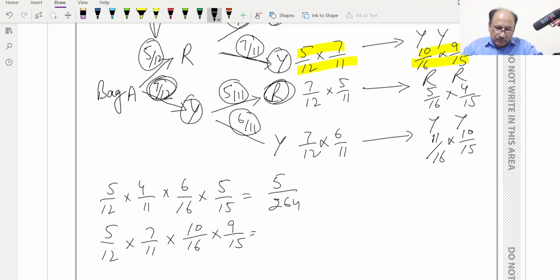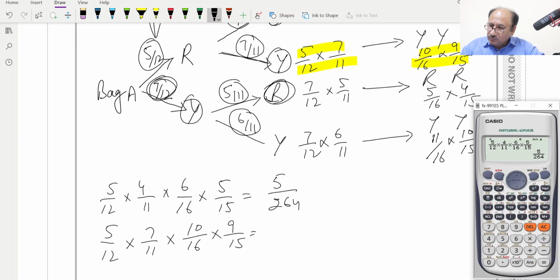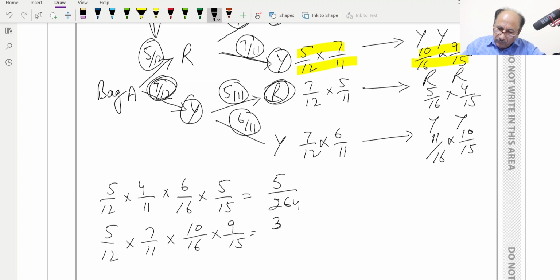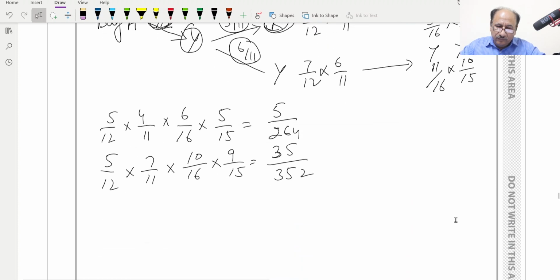And this one, if we multiply this with the help of calculator, this will be 5 over 12 and multiplication 7 over 11, and further this will be multiplied by 10 over 16, and the last one is 9 over 15, and this is resulting to 35 over 352.